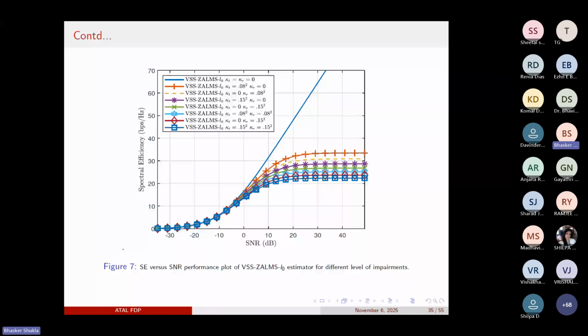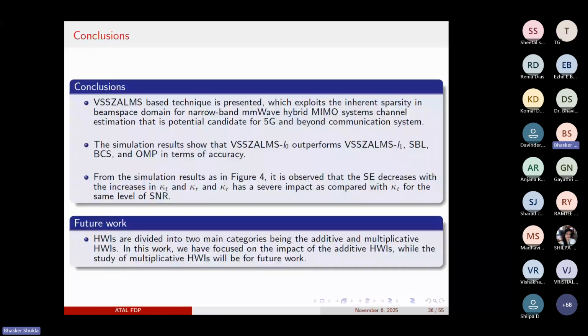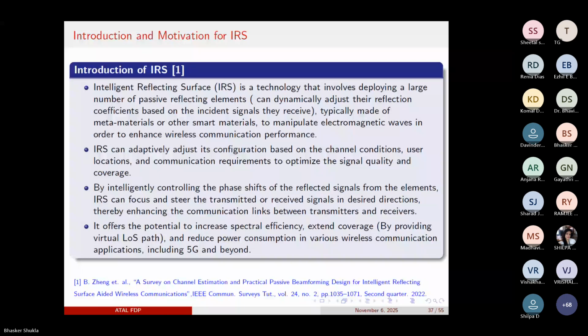So in this work I have proposed an estimator that is based on the variable step size zero attractor algorithm, and that is applied by considering a millimeter wave hybrid MIMO system with hardware impairments. And in the next part, there is a combination of millimeter wave hybrid MIMO system with IRS assistance.